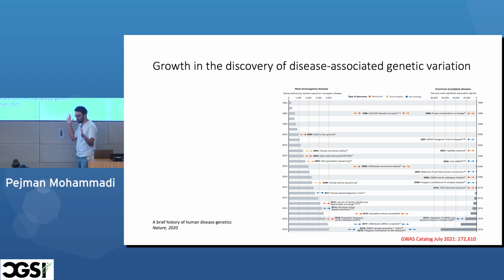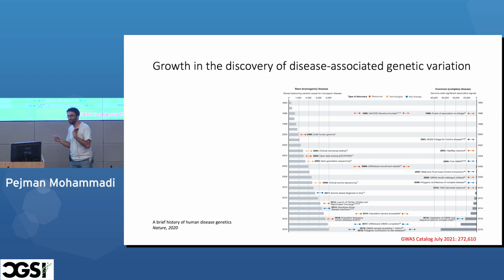So why do we work on the regulatory genome? This is a figure from a paper that came out not long ago, showing the growth of genomics knowledge. On this side you have the common trait disease associations that we didn't know anything about until we started to get a good amount of data to be able to do GWAS, and it started taking off right after that pretty quickly.